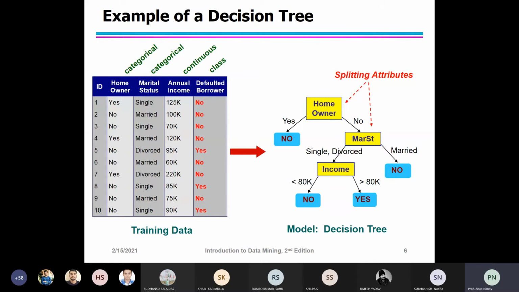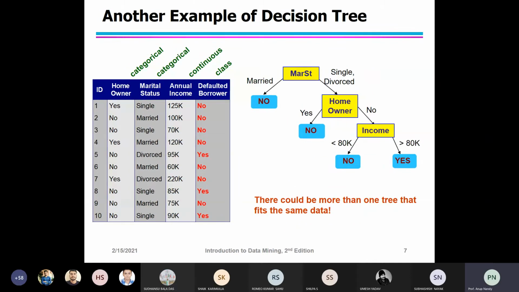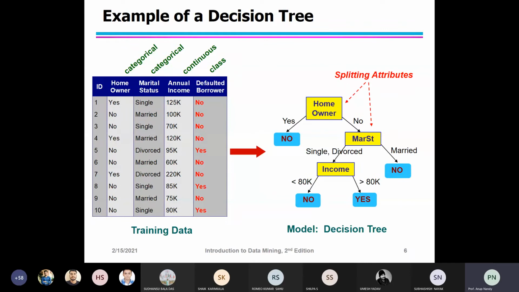Firstly, we'll use homeowner. I am taking homeowner as my first attribute. In homeowner I have different values, yes and no, so I am splitting on this attribute. For the sake of illustration, I am assuming homeowner is the base attribute to be split.